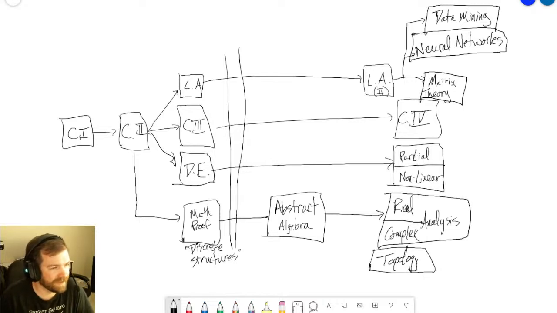Is it that one? Does abstract algebra explain linear algebra?